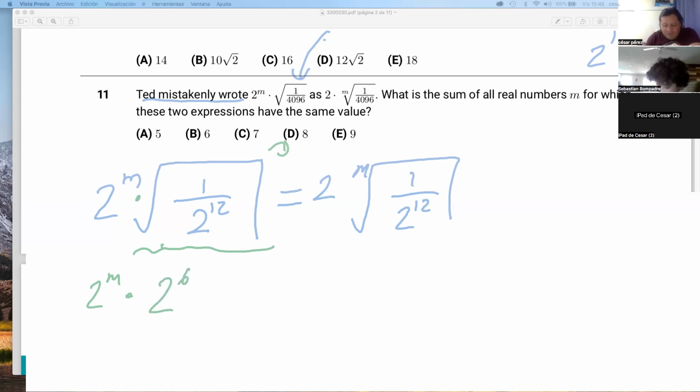So we can work with this. So 2 to the power of m minus 6. Now we need to work with this.